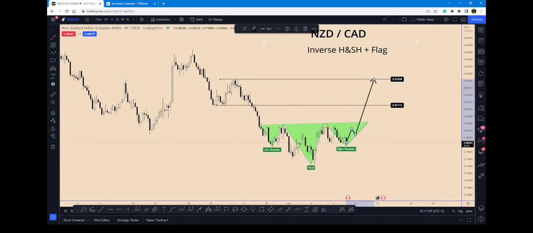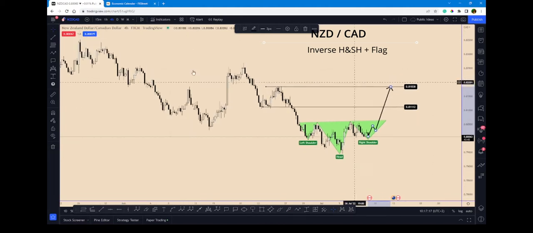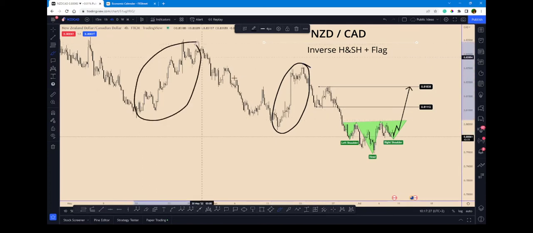And during this period of time we have seen also that the trend from New Zealand dollar is moving down, and it has tried several times to make a change in trend. Look at these movements, they were very good, aggressive, this one, and after that the price moved down again.